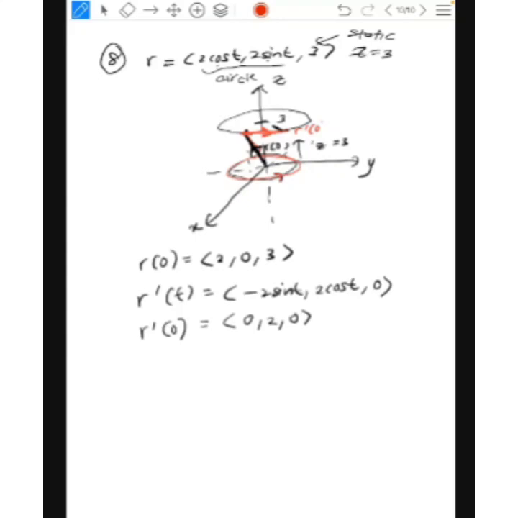Okay, so what happens in question number 8? Question number 7 and question number 9 will also be the same, but now you have a circular helix, which is R equals cos t, sin t, and t. A circular helix on the z-axis, x, y, z.